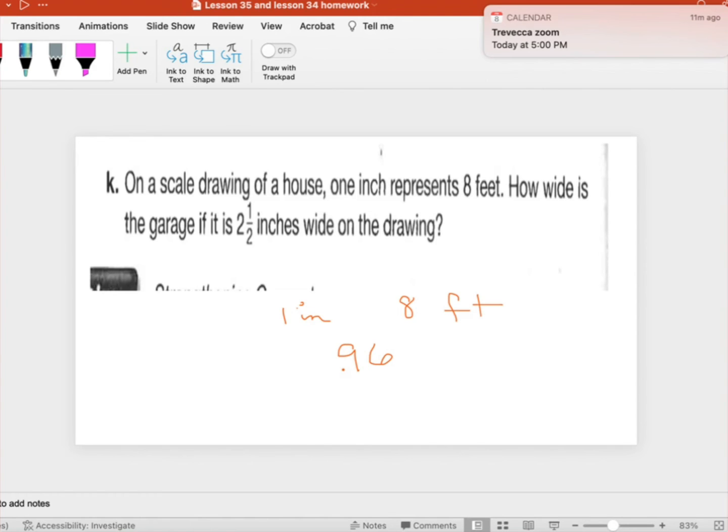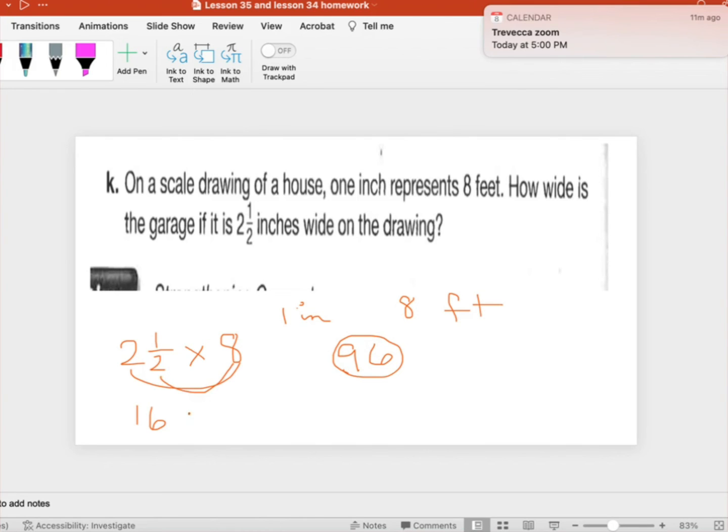But we're not putting this in inches. We're putting this in feet. So it's okay if we just say we're going to multiply by 8 and then change the inches to feet. 2 1/2 times 8. What is 2 1/2 times 8? Remember, we can do a little distribution here. 2 times 8 is 16.